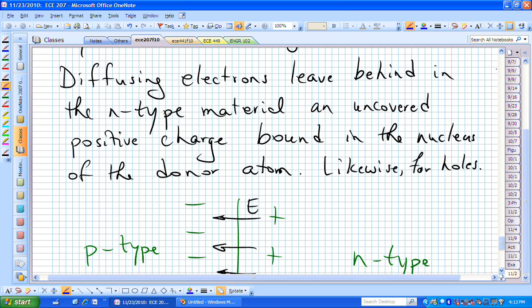Now in this N-type material, which I think was on your right side, let's say this is the electron in my right hand and this is my proton. Now the electrons are wanting to diffuse over across that barrier. This proton is now uncovered. It's not mated up or paired with an electron anymore. So that's what I mean by the uncovered positive charge. That uncovered positive charge is what I'm representing right here on the right side in the N-type material.